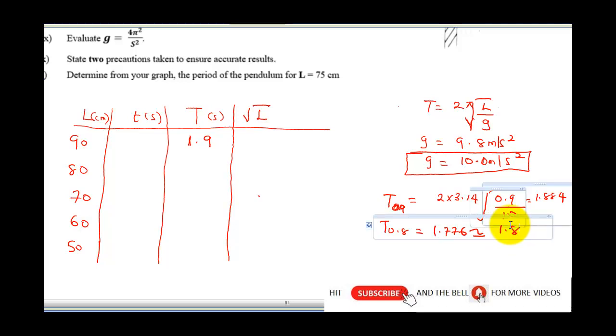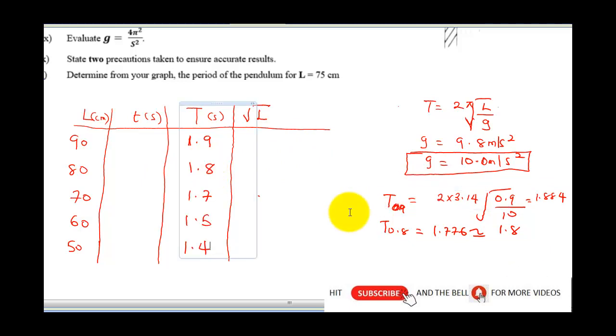So at this point, I'm going to come here and write 1.8. So these are the table of values for all my big T.